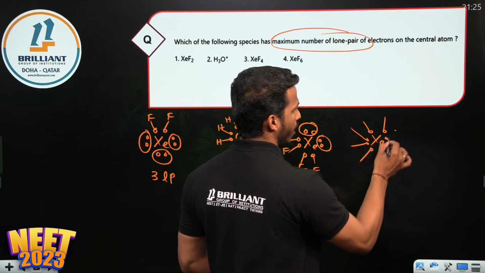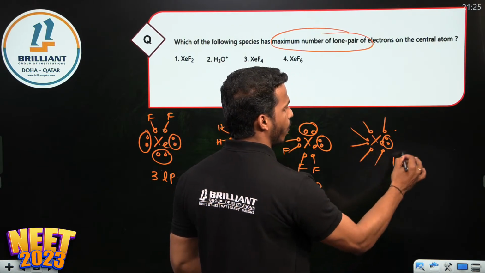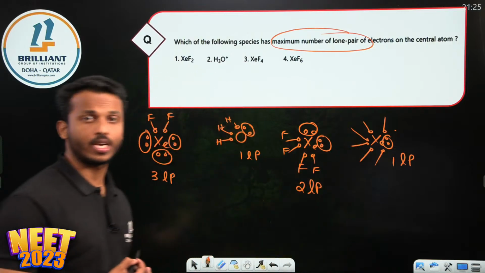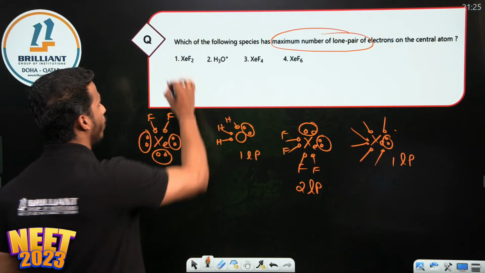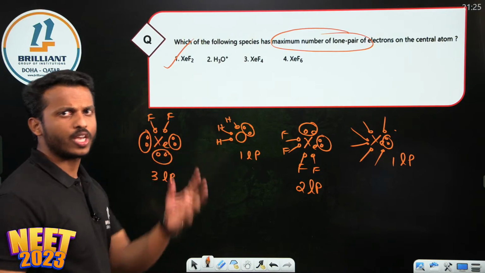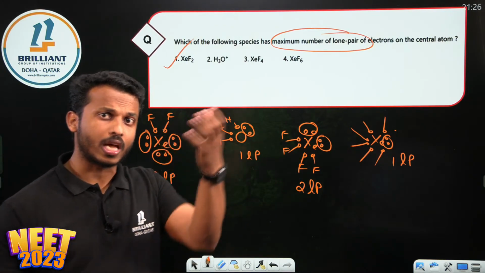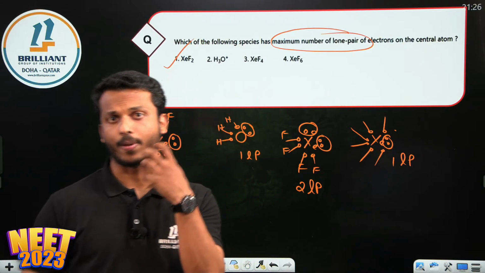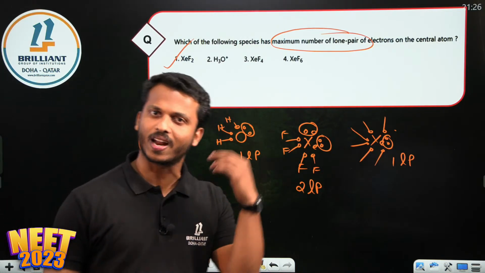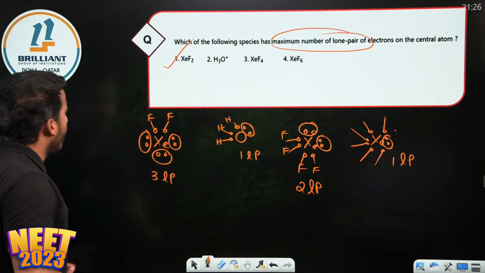All of them are taken by fluorine, only 1 lone pair. So which one has the greatest number of lone pairs? Very good, dear all. Option 1. Especially xenon. Xenon is a noble gas, 8 electrons are there. If there is a smaller number of surrounding atoms attached, what happens, dear all? Definitely the lone pair numbers are higher. Right? Easy one. Next question.